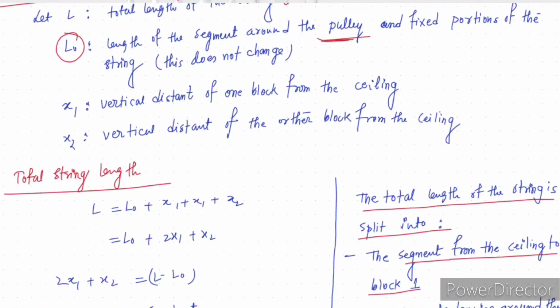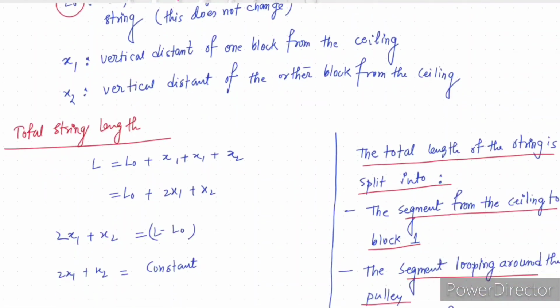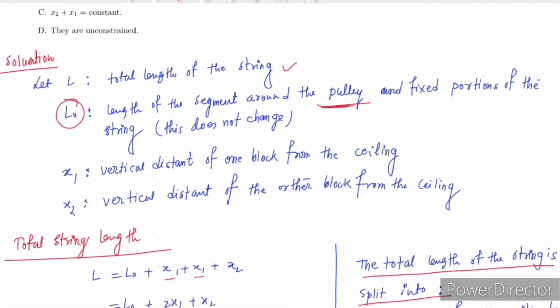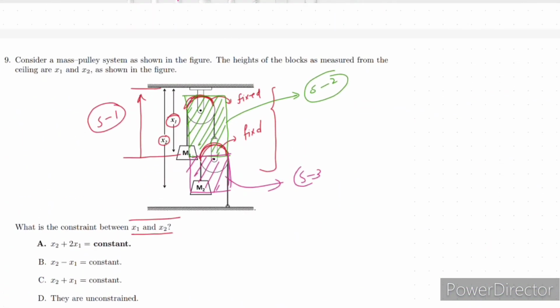Now we calculate the total string length. The total length is L naught, the length of the segment around the pulley, plus x1 plus x1. Why is it x1 plus x1? Because there are two parts: this part is x1, and this part is again x1.